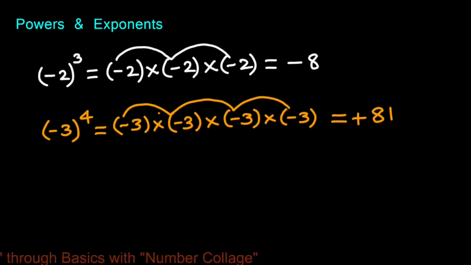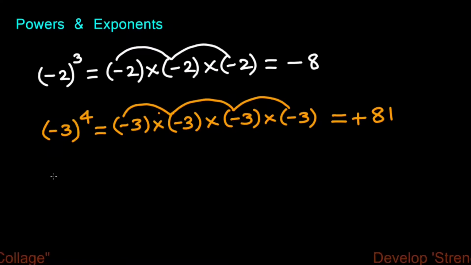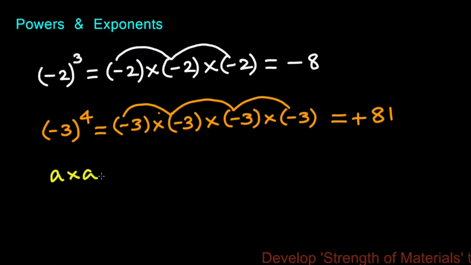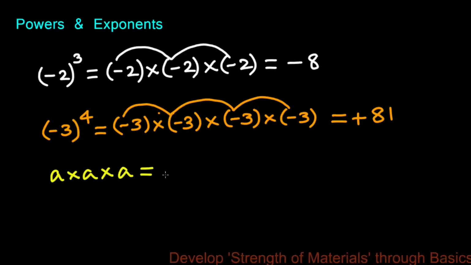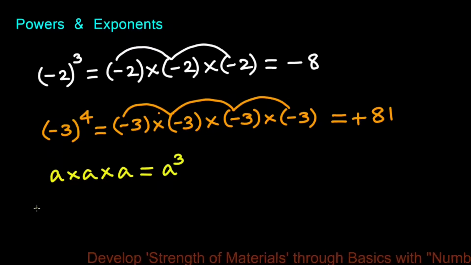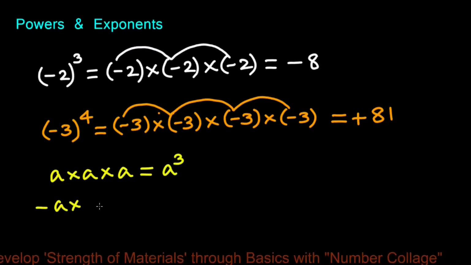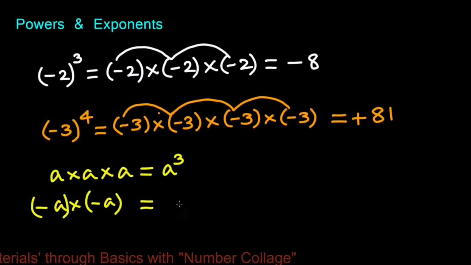Now instead of fixed numbers, we can take any integer a and write a multiplied by a multiplied by a as a cubed, then minus a multiplied by minus a as a squared.